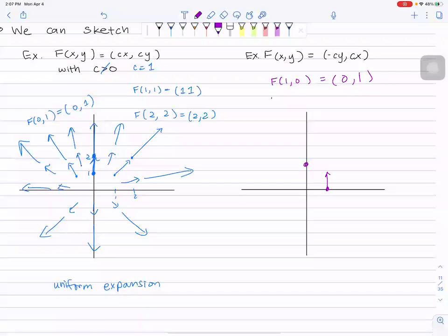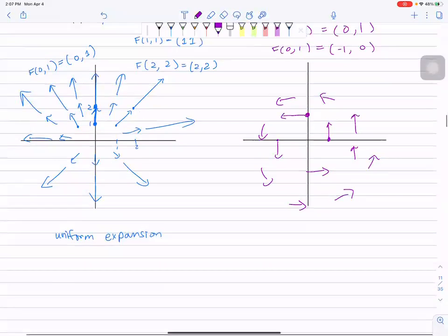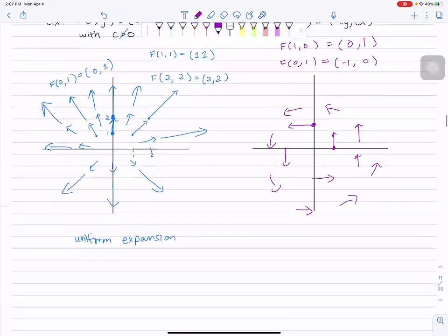Then at 0, 1, you have -y, so -1, 0. So this is 1 negative in the x direction and 0 in the y direction. And you can keep going and you get this kind of rotational shape. And so this is uniform clockwise rotation.